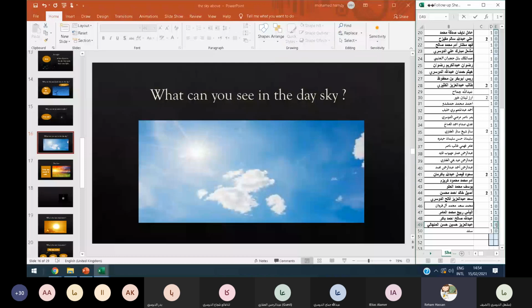If we look at the sky in the day, the sky is light, and all the earth is lighted. Now we are in the day.